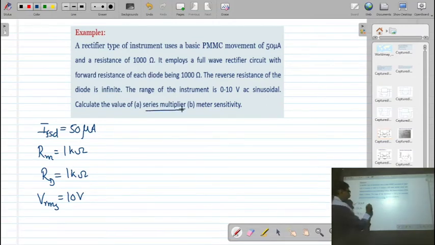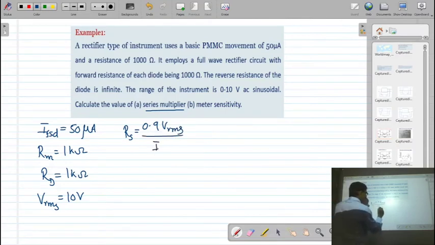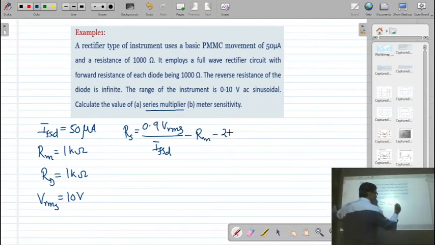So what is the formula for the series multiplier? That is Rs is given as 0.9 VRMS divided by IFSD minus Rm and minus 2RD. Remember here the shunt resistance is not connected, so we have to consider only the resistance of a meter.